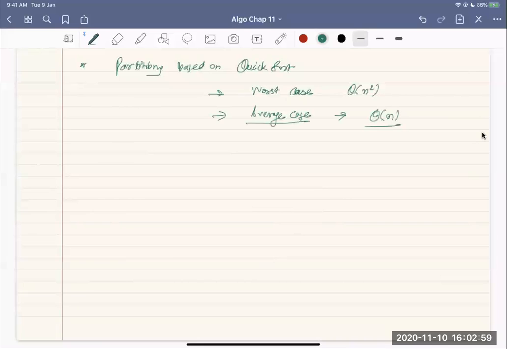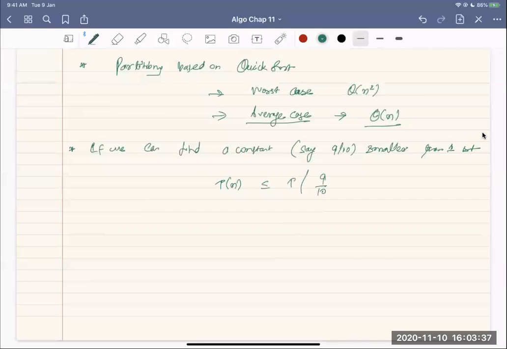And just like in Quicksort, if we can ensure that every time the new subproblem that you get is a fraction of the original problem, so if we can find a constant, and it can be large, say, 9 by 10, that is smaller than 1, such that T(n) is less than or equal to T(9n/10) plus O(n), then also it is fine to prove that T(n) is O(n) in the worst case.